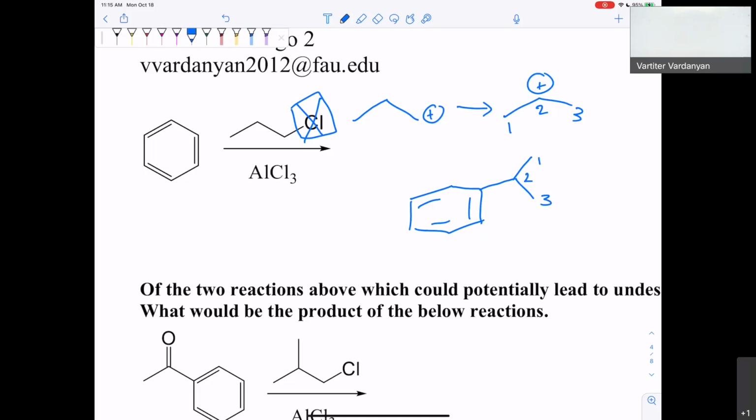Yes, if there's nothing on the benzene ring, you could put this anywhere you want. Okay, not a stupid question whatsoever. A lot of people get tripped up on this.